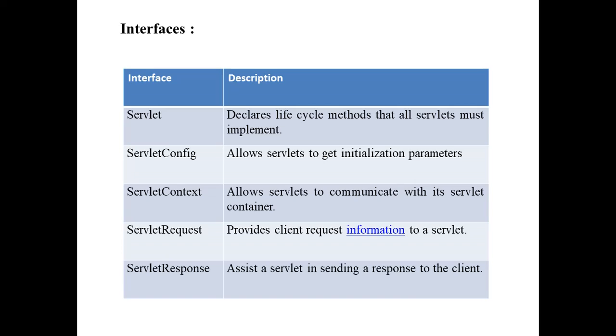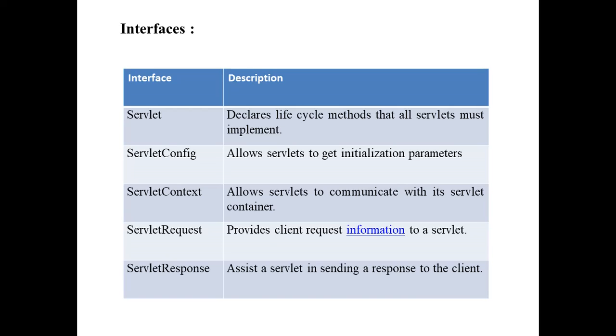So using this interface, events can be logged. The next interface is the ServletRequest interface. This interface provides the client request information to a servlet. So this interface is useful in reading the data from the client request.